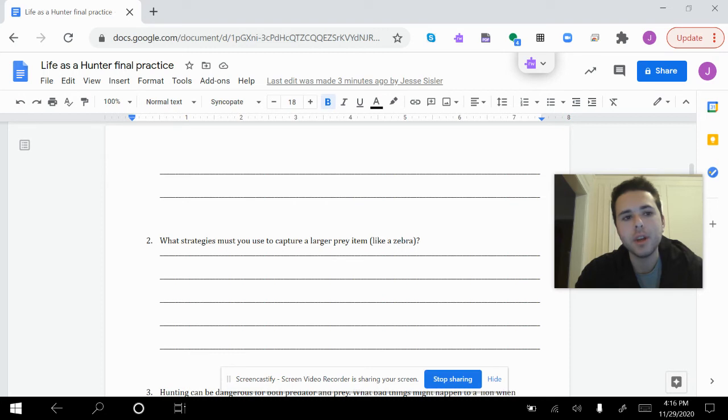If you think of even humans who hunt for sport, you use different weapons and you hunt at different times of day. You might hunt in different locations depending on the animal you're hunting. So if you're hunting a bigger, faster animal like a zebra, what strategies do you have to use, if you're the lion, in order to catch it?